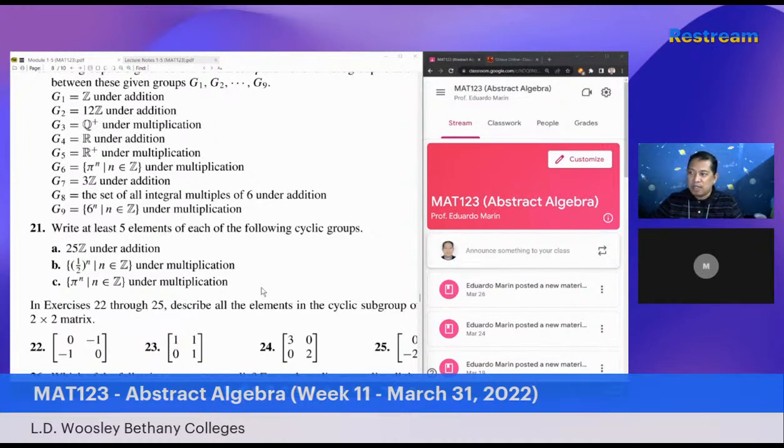How about letter B, under multiplication? Such as n is actually an integer.